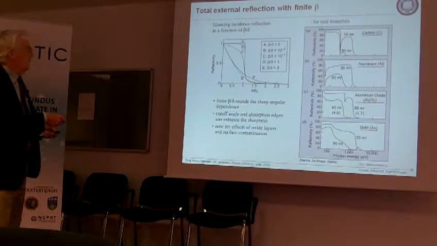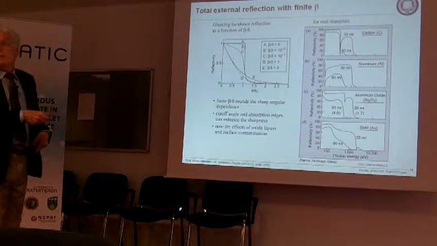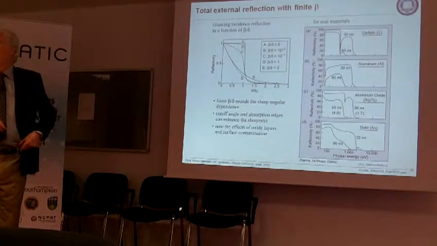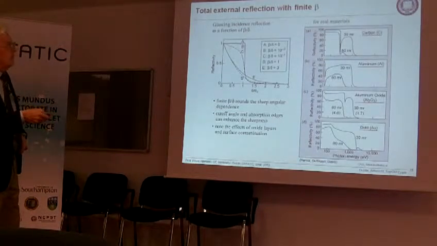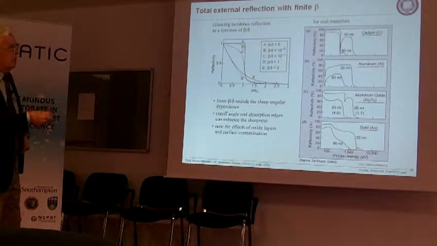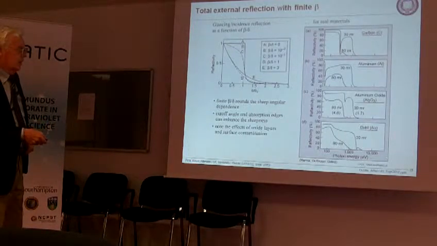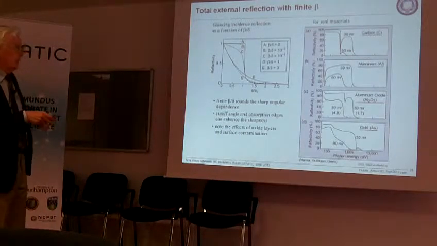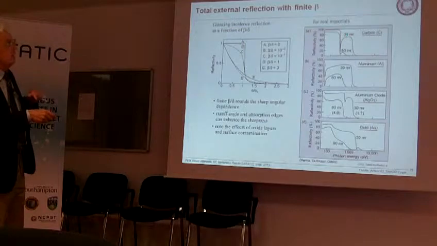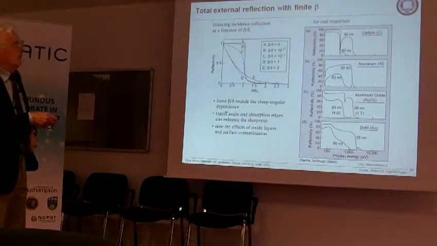So this was theoretical curves with different assumptions of beta over delta, and no particular resonances or anything like that. But here are some from real materials: you can see carbon, aluminum, aluminum oxide, gold. These show, as a function of photon energy, what this reflection looks like. So here's carbon for 2 different angles of incidence.